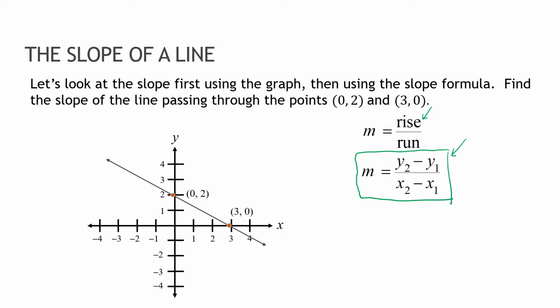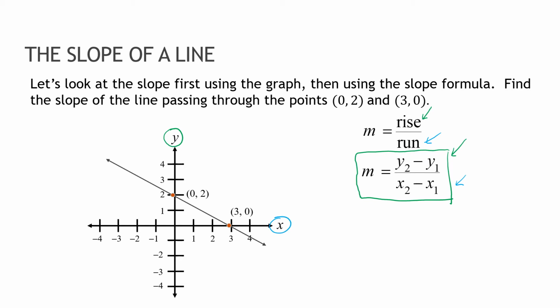We're finding the difference in the y values because y is the up and down line. And then the bottom is run. Run is the change from left to right, and that's why we would subtract the x values, because that would say how much did it change left to right.